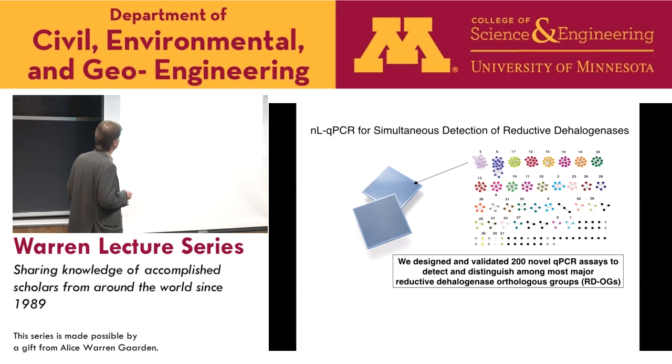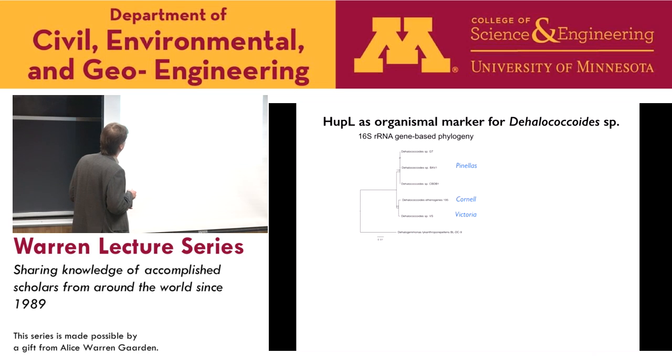So we use this system, and then we also use a different phylogenetic marker. For those of you who are working with phylogenetic markers, the Dehalococcoides strains are very closely related, and based on 16S rRNA gene sequence, you can barely distinguish them.